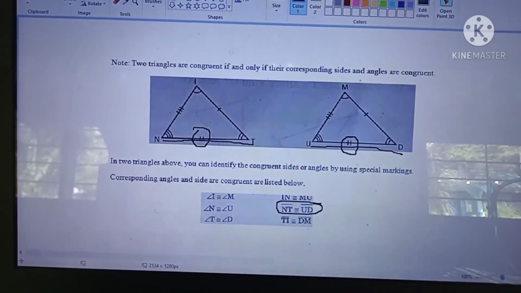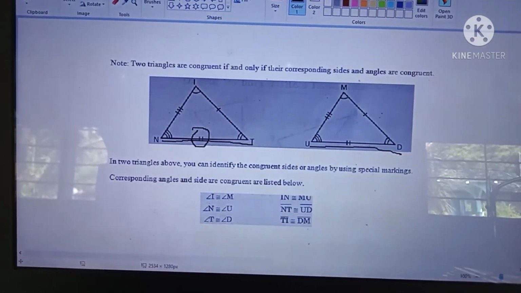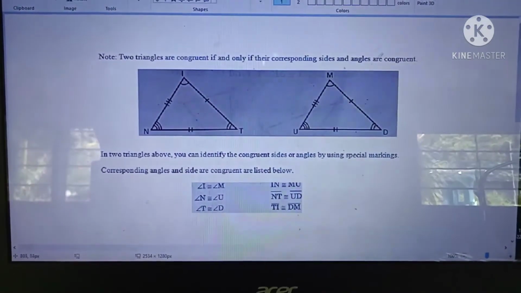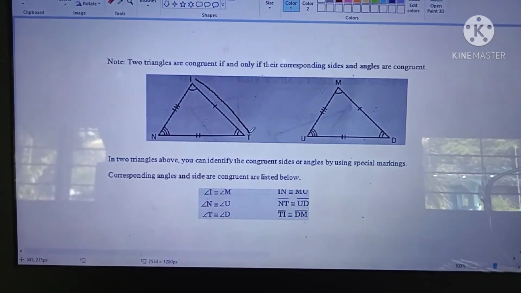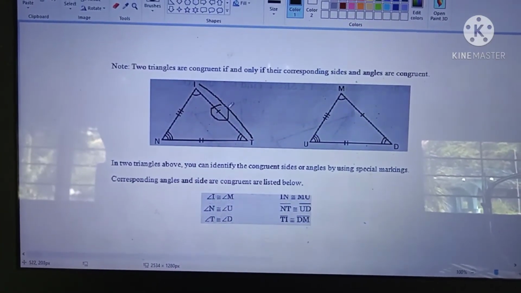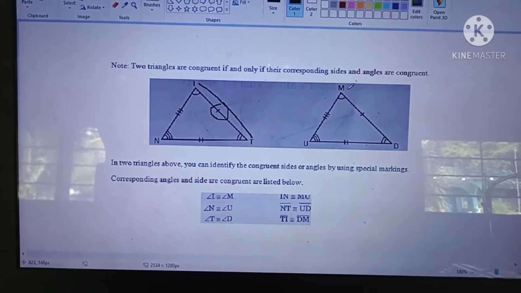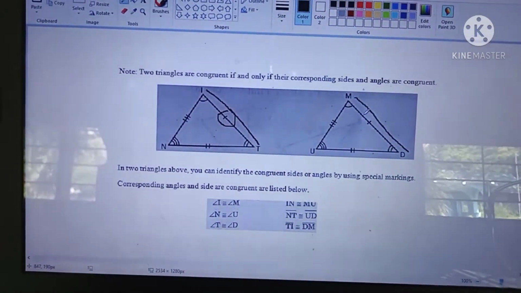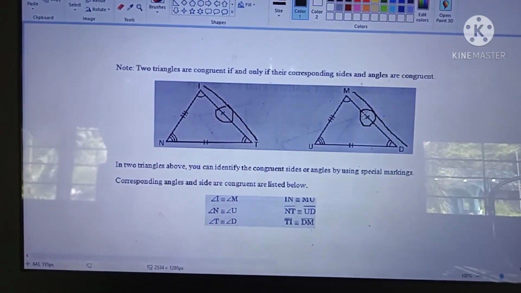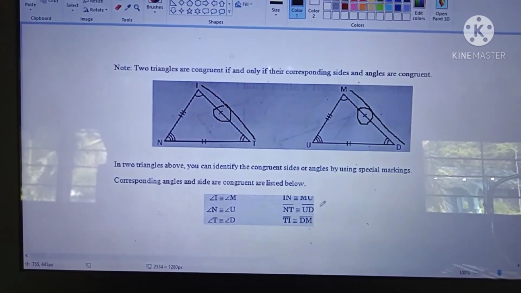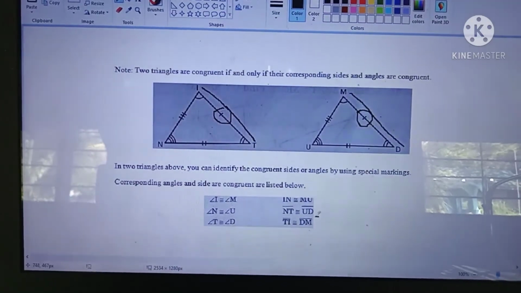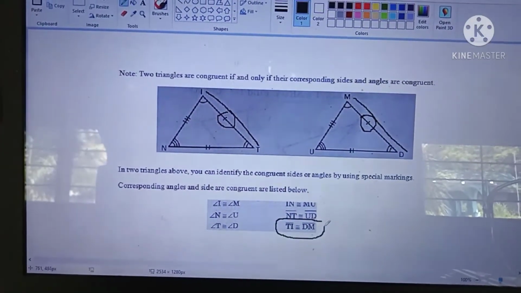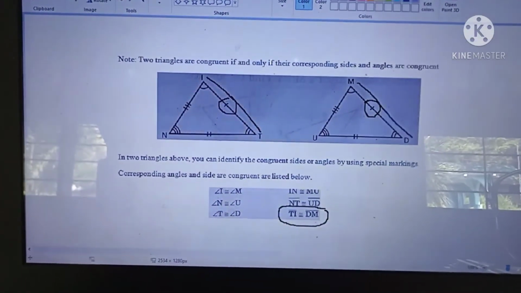Okay, what about this one? Side IT, okay, this has 1 line, and side MD also has 1 line. Okay, so the two of them are congruent.